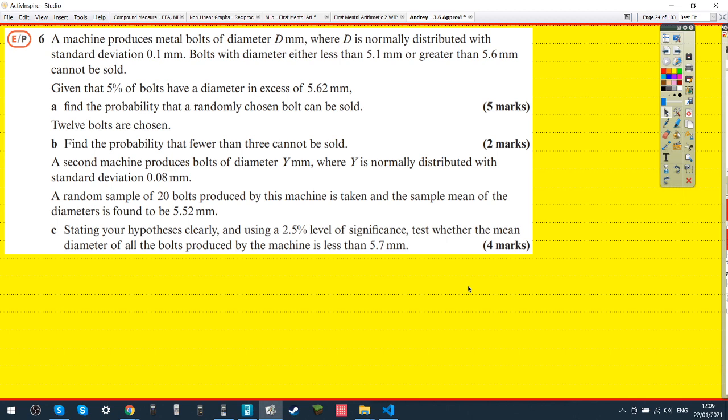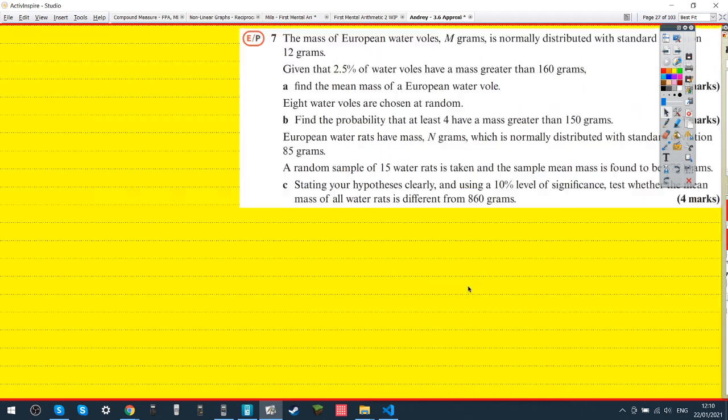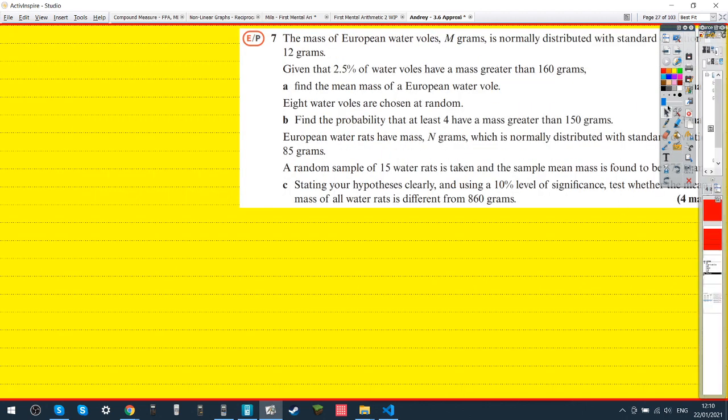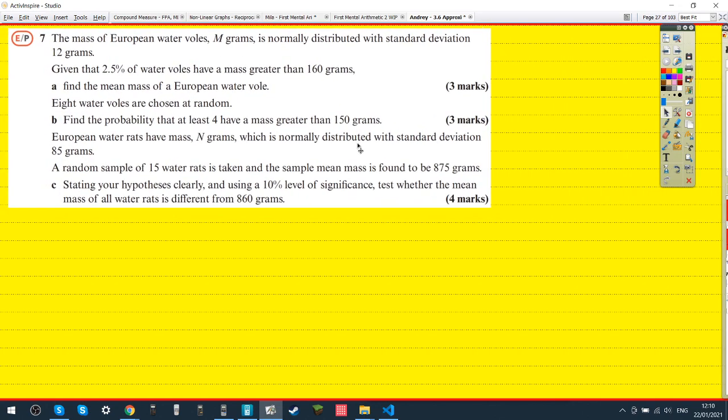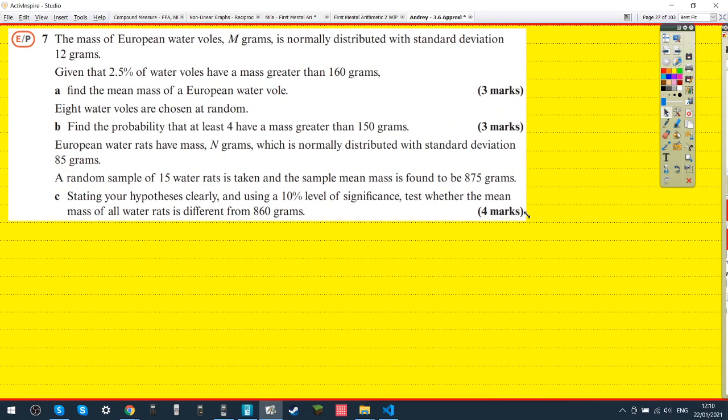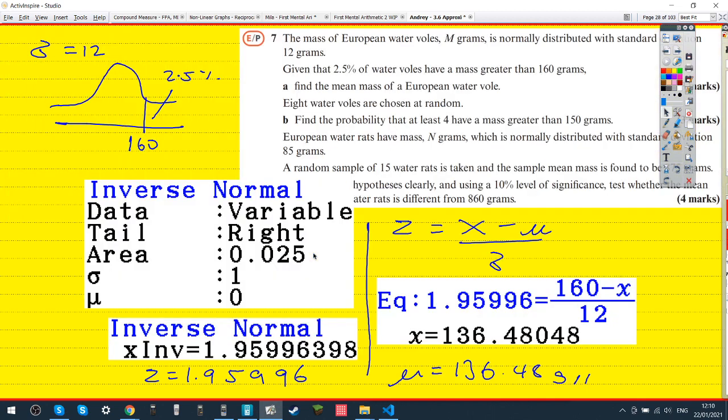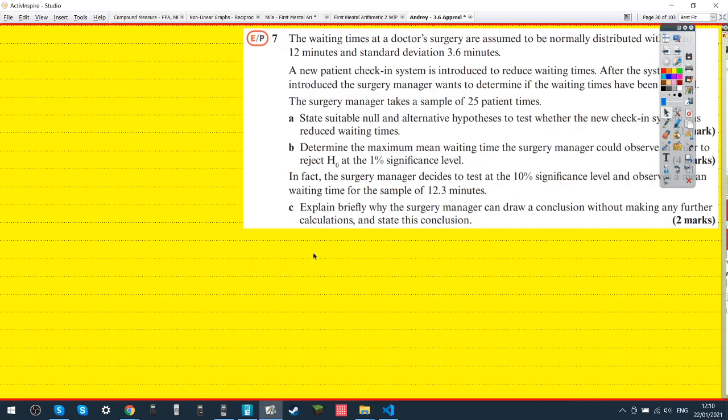Sorry about this. I just don't want to introduce two new ideas at the same time. Find the mean. Probability. All right, looks like I have to do it.